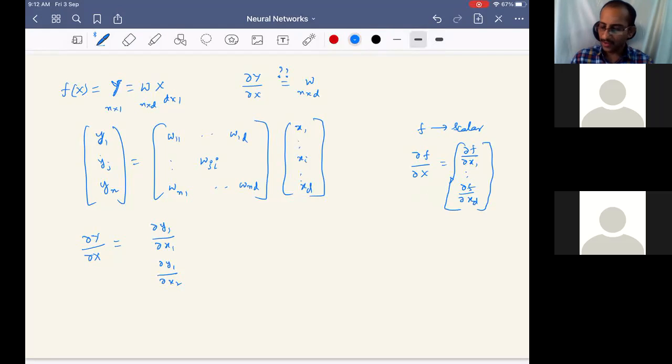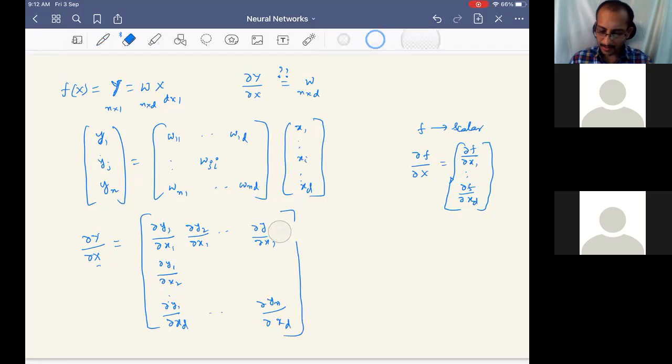Now what we are trying to do is stick to this definition even here. So take each component of y1 and apply vector differentiation with respect to x, the denominator. So dou y1 by dou x1, dou y1 by dou x2: this is how we have the first column, correct? And then dou y2 by dou x1 and so on, dou yn by dou x1, up to dou yn by dou xd.